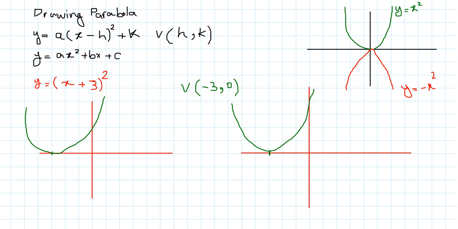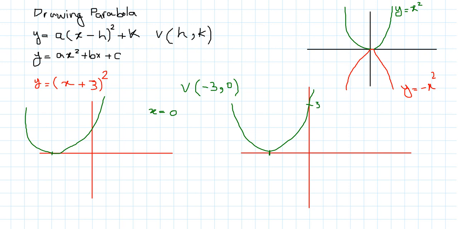And if you want to know where it intersects the y-axis, you should put x equals 0. When x is 0, you will have the intersection with the y-axis.